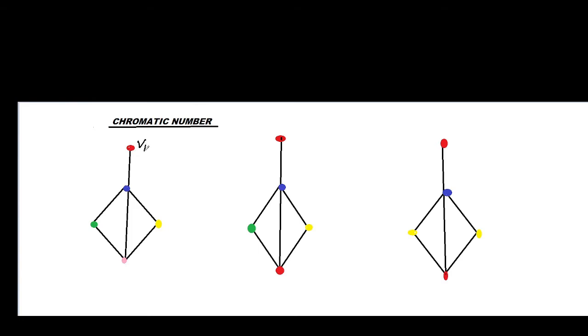We can name the vertices V1, V2, V3, V4 and V5. Here there are 5 vertices, and in the first figure we used 5 colors.